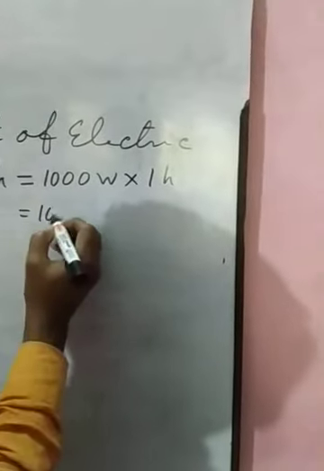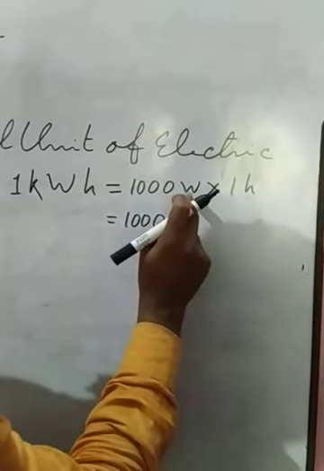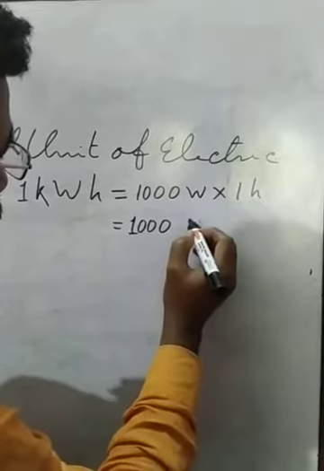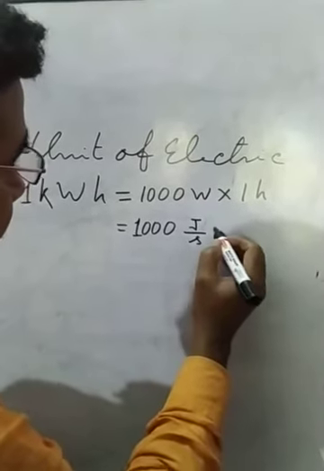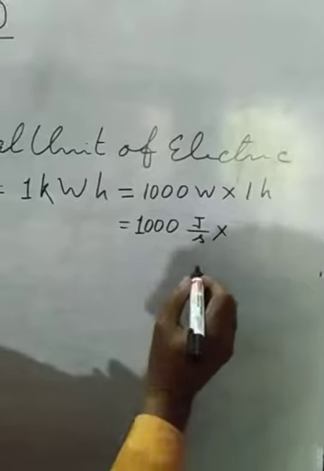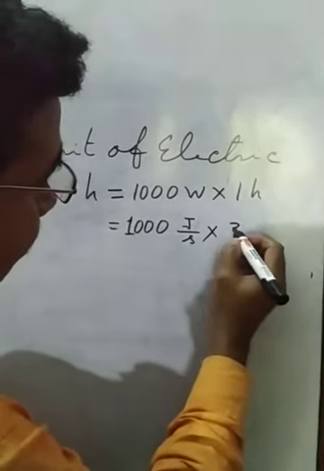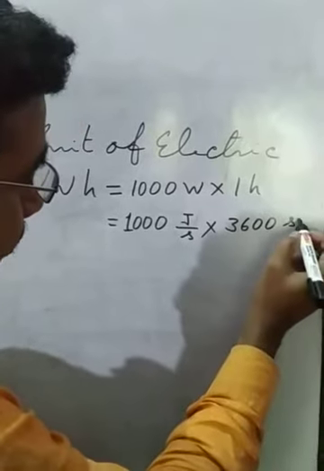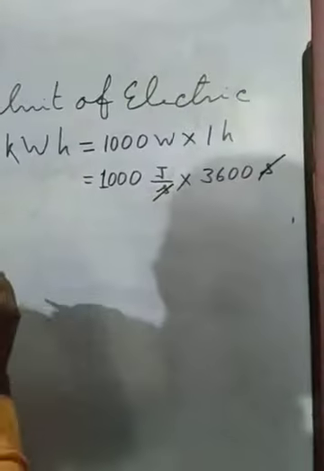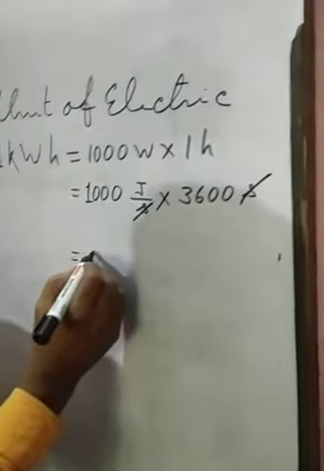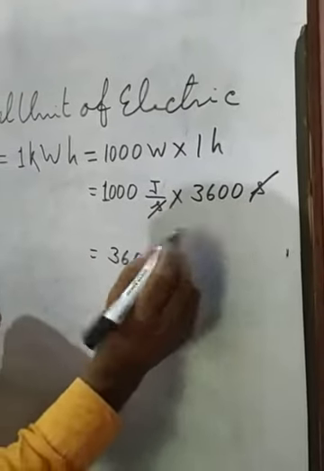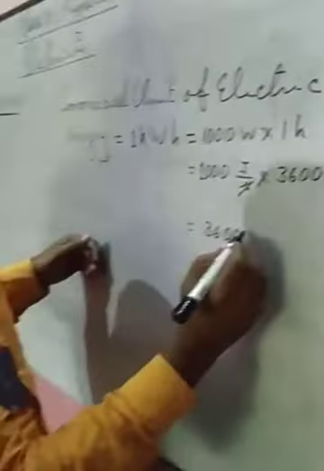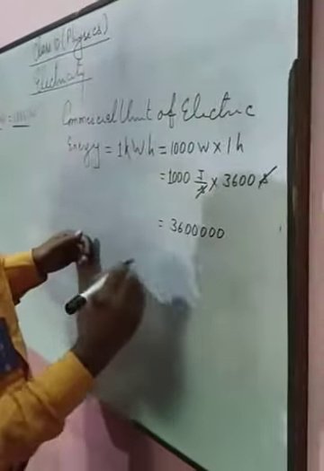That is 1000, and as we know, watt is joule per second, and in 1 hour there are 3600 seconds. This second is being cancelled by this second, so it is here 3600 and from here 1000 joule.